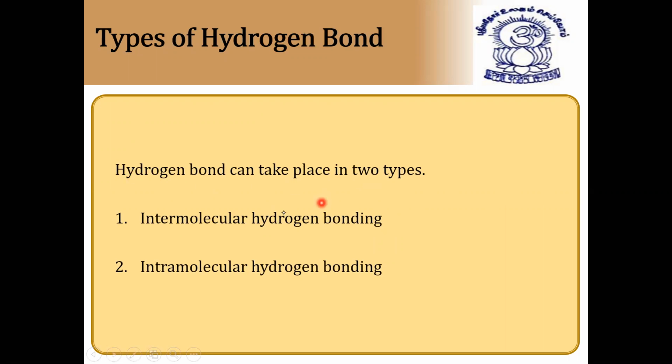Next, hydrogen bond can be of two types. One is intermolecular hydrogen bonding, and the other is intramolecular hydrogen bonding. Very important. Inter means between, intra means within. I'll write here to make it simple to understand. Inter means between two molecules.